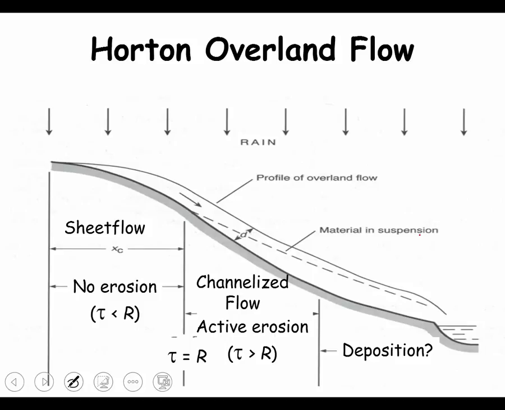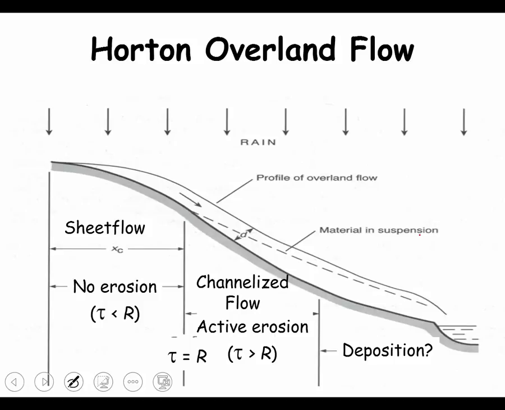But the rain that falls here, the excess rain, is going to run out with surface water. And whatever falls here, we don't care. Now, the uppermost part of that, from that crest to some distance, you're going to have sheet flow. It's just basically moving down as a sheet.